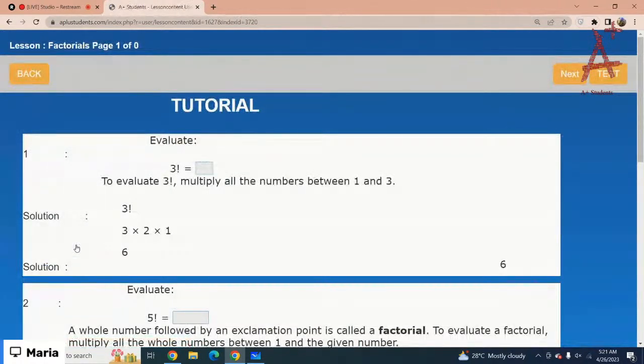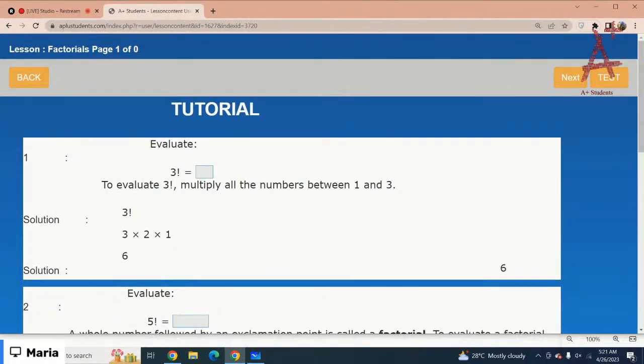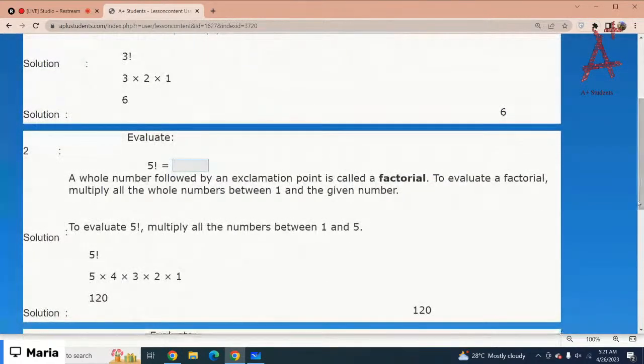Okay, evaluate 3 factorial. To evaluate a factorial, you have to multiply all the numbers between 3 and 1. Here is the definition: a whole number followed by an exclamation point is called a factorial.